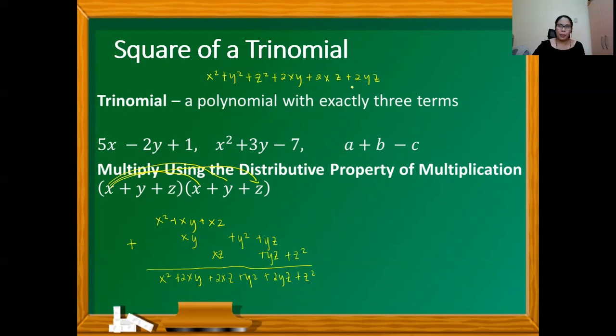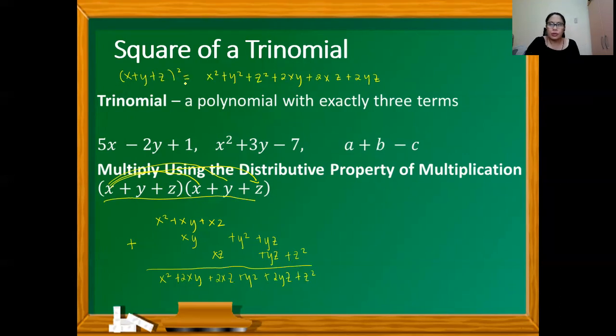Now, we come up with six terms as we multiply the two trinomials. And as I mentioned, the product of the two is also equal to the square of x plus y plus z.